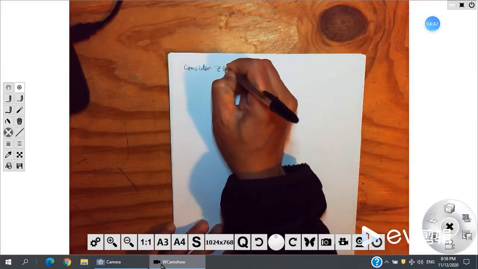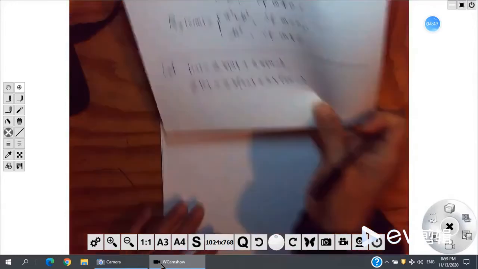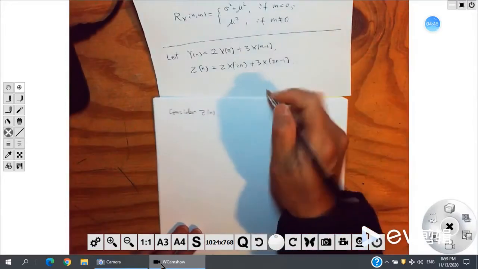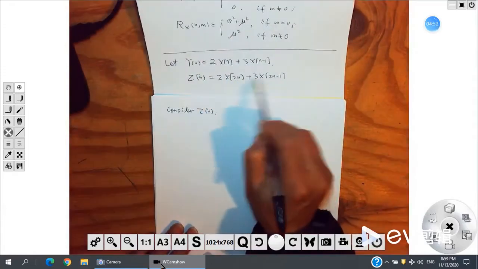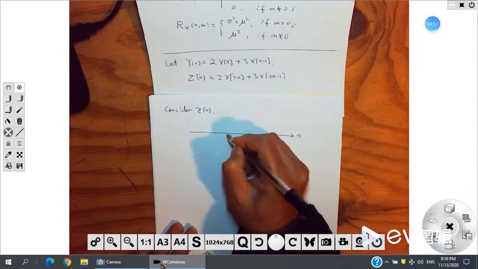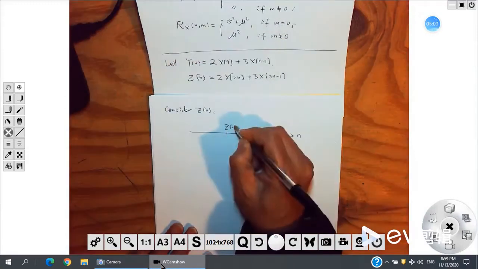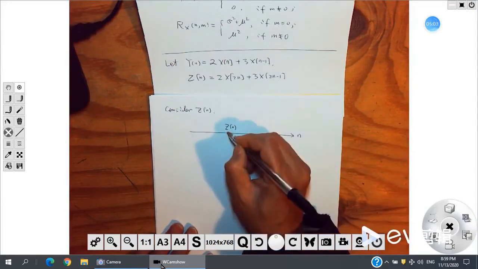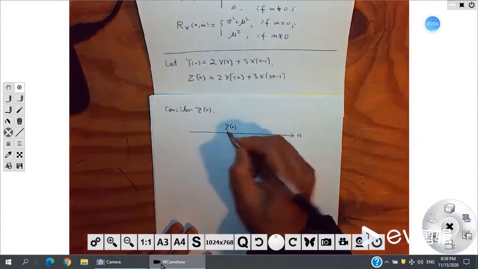Consider z of n. Z of n is obtained from x of 2n and x of 2n minus 1. This is a random variable at time n.